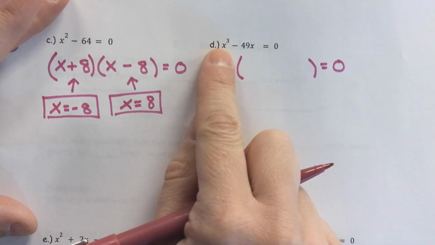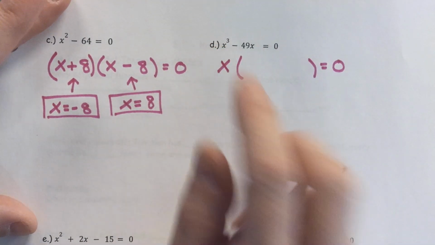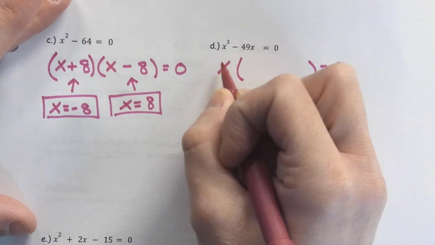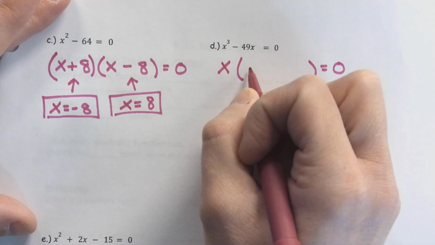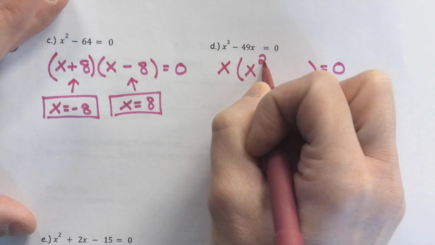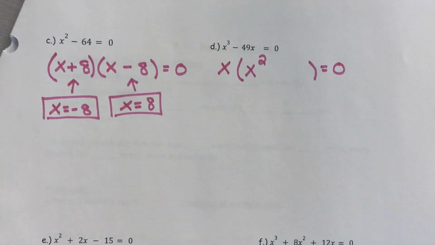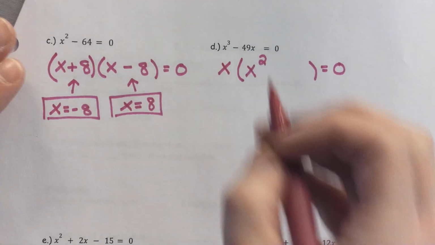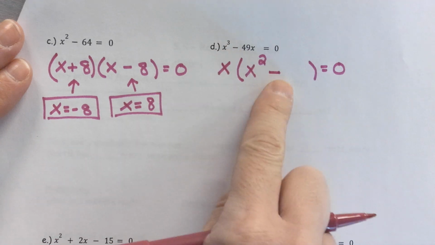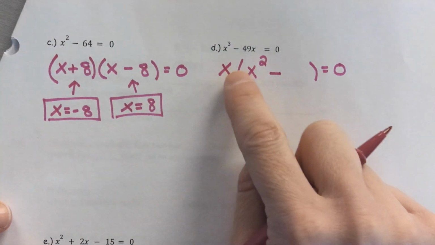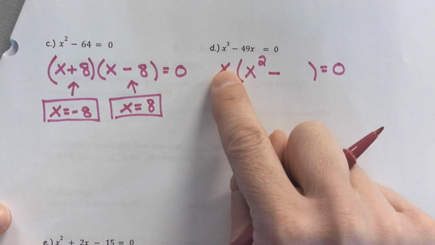If I pull out an x, how many more x's do I need? X times what? Yeah, we need an x squared. So x to the first times x squared will get me back that x cubed. Here's my minus. I need a minus. Do you see how the x is already a match? Yes.